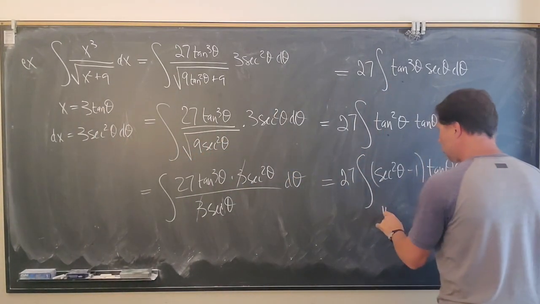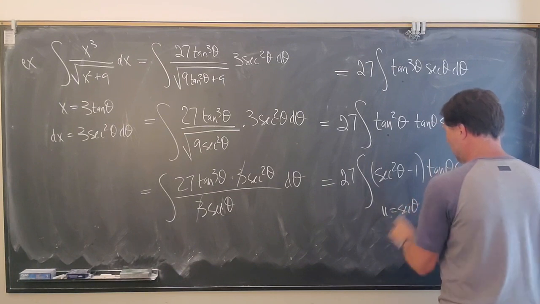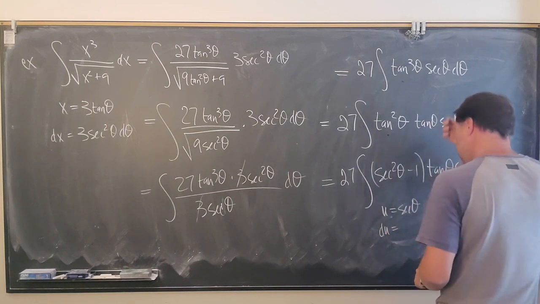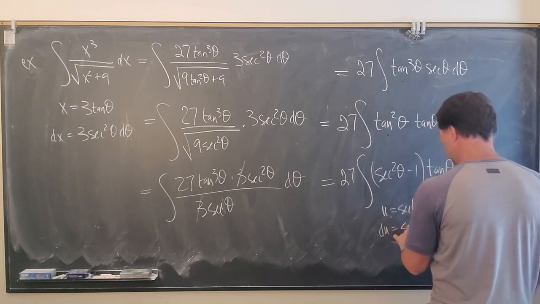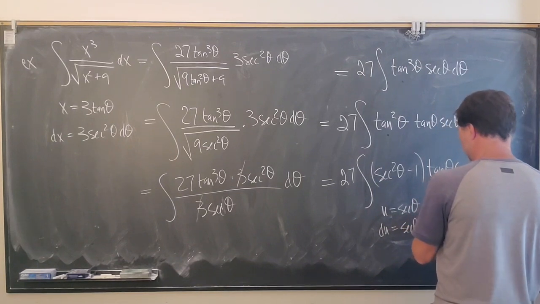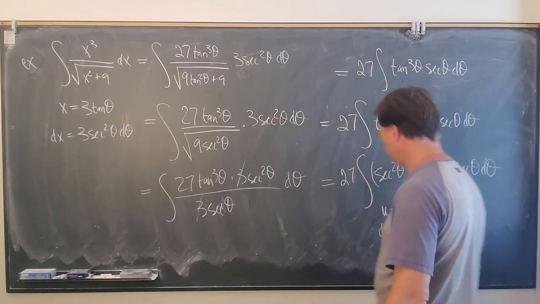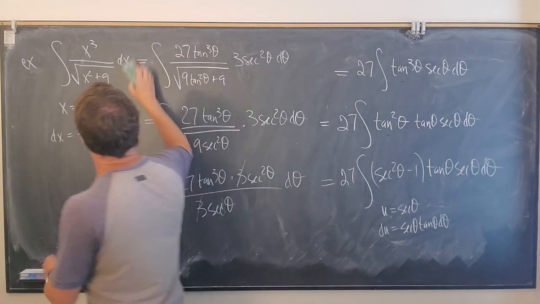Here I'm going to let u equal secant theta, du equals secant theta tangent theta d theta, and now we're going to convert this into the integral of a polynomial.